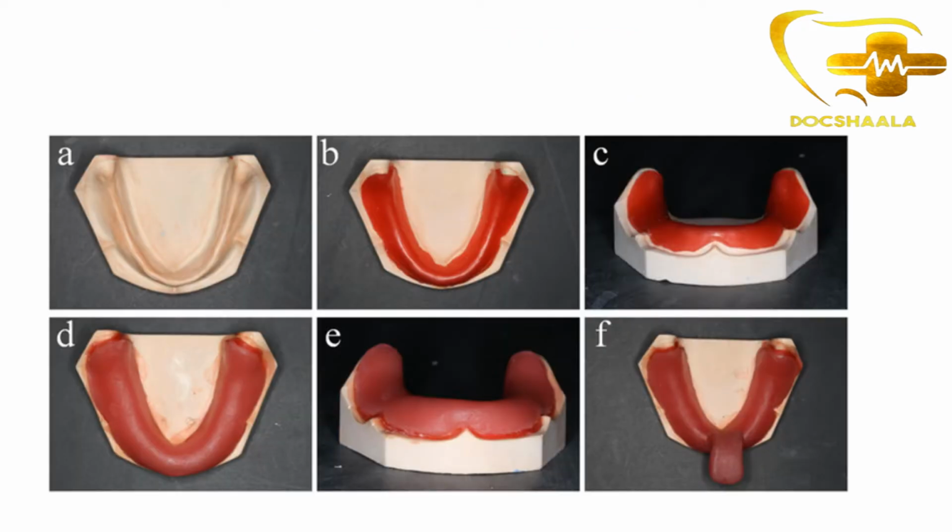So this is a custom tray. You know how we prepare a custom tray. We take a preliminary impression from the patient. After that, we pour a master cast. So this is the master cast, right? On this master cast, we have prepared a wax impression.